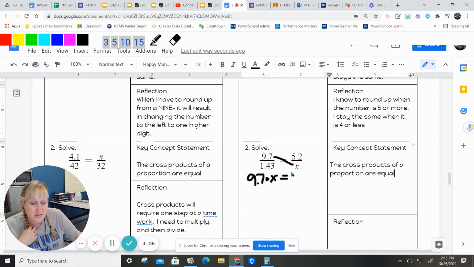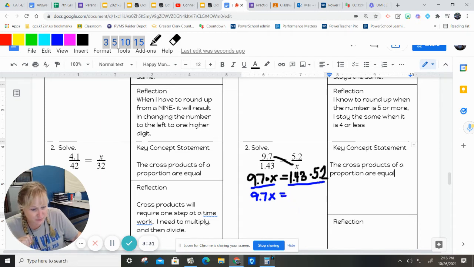9.7 times x, 1 43/100ths, times 5 2/10. Step 1, just rewrite it. Step 2, multiply what you can. So I'm going to multiply each side. This side, 9.7 times x just becomes 9.7x.